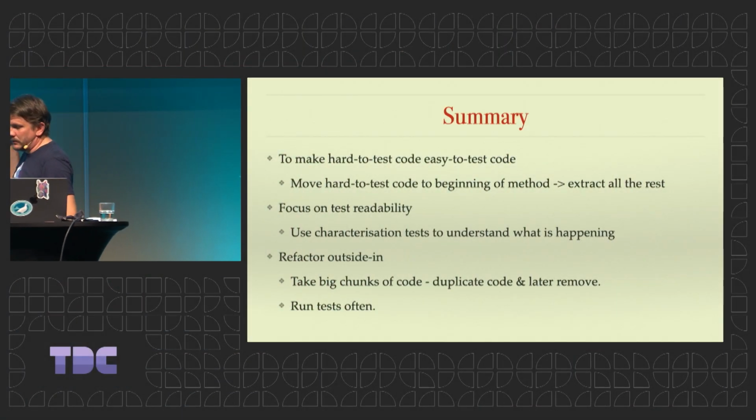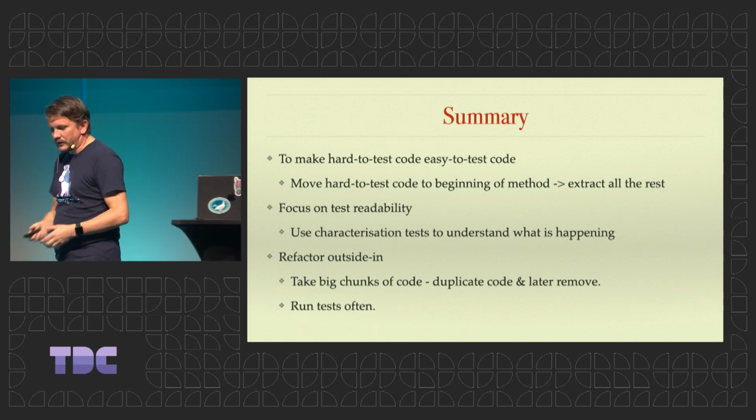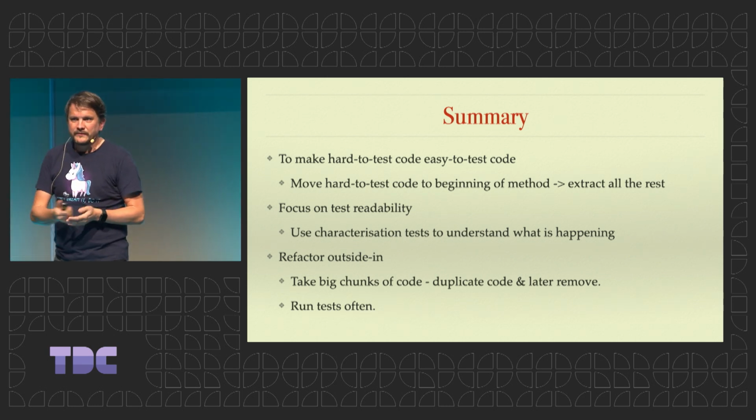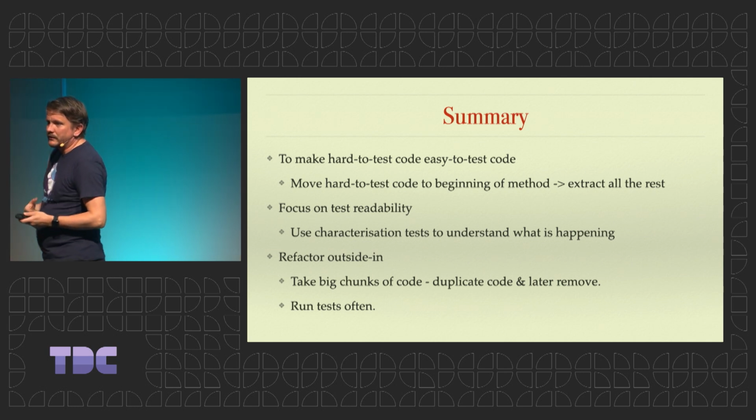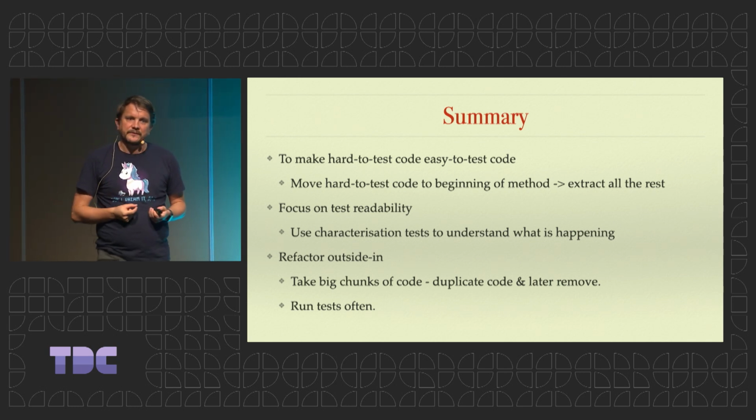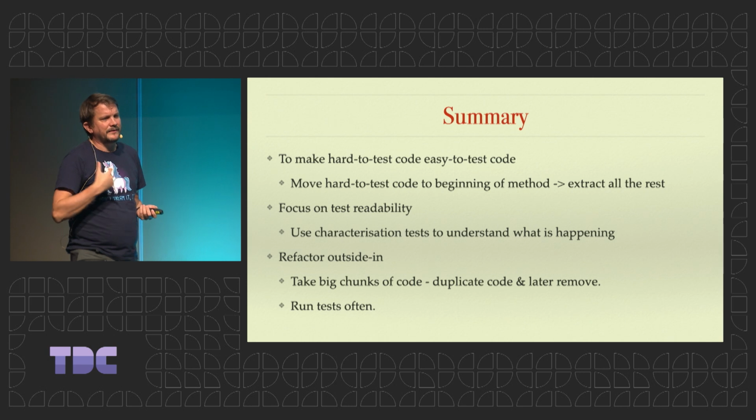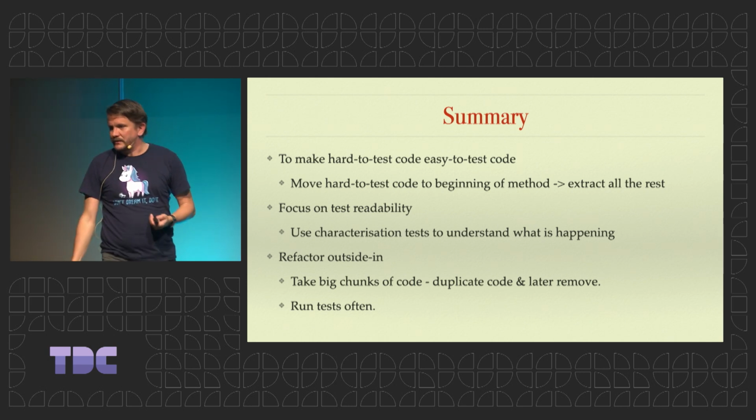A very easy trick to make it testable. Focus on test readability. Use characterization tests to understand what is happening. It's actually very nice and easy. And then refactor outside in, using the Ship of Theseus pattern, because it is so magic when we see that in production.